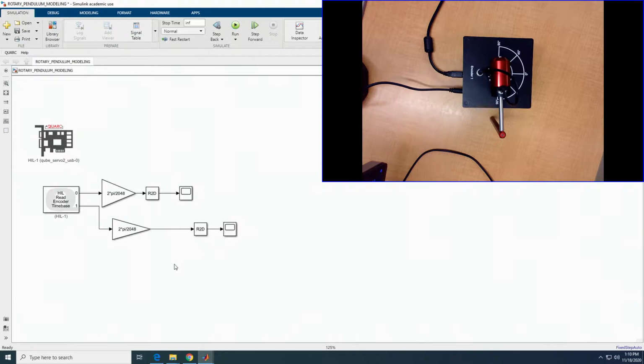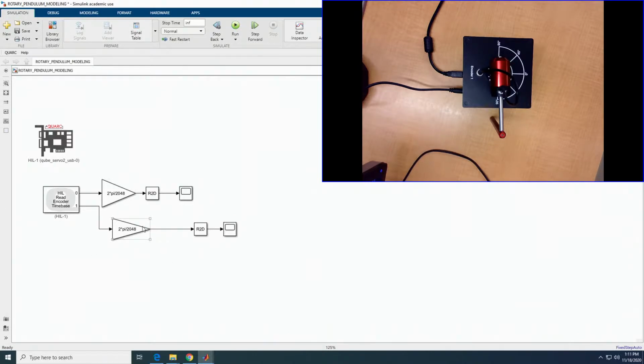In the first exercise, we want to just basically interact with the pendulum and read the encoder data and see if it is matching our convention, which defines a counterclockwise movement as positive, and also the upright position of the pendulum is considered to have a 0 angle.